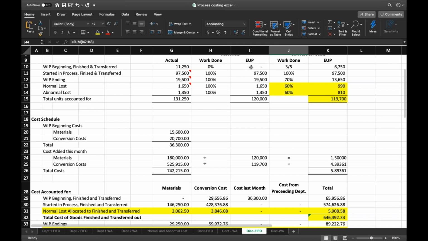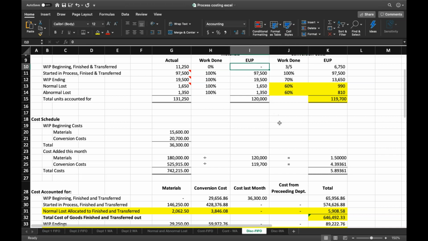So therefore, walang materials na nagamit sa kanya. Kung walang materials na nagamit sa kanya, at yung normal loss natin ay may materials na nagamit, hindi siya pwedeng makishare dun sa material cost ng normal loss. Kasi, dahil wala naman siyang materials na ginamit for this month. Kaya, hindi siya dapat mabigyan ng allocation dun sa material cost ng normal loss.